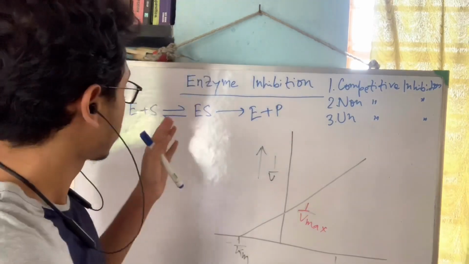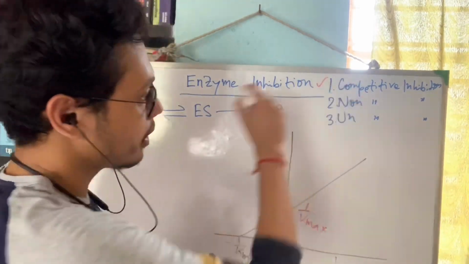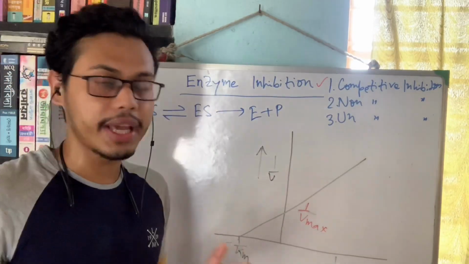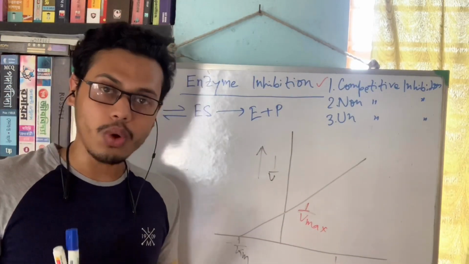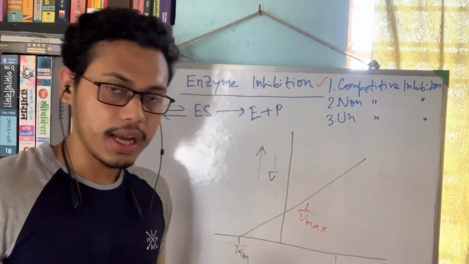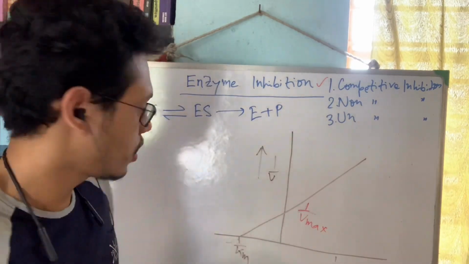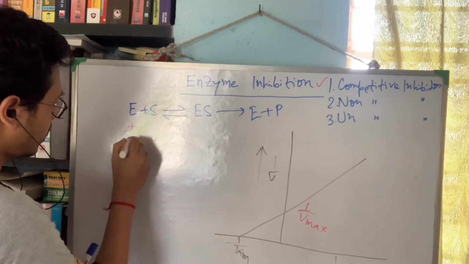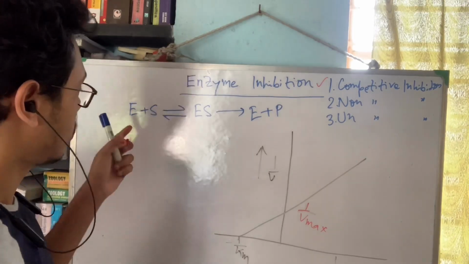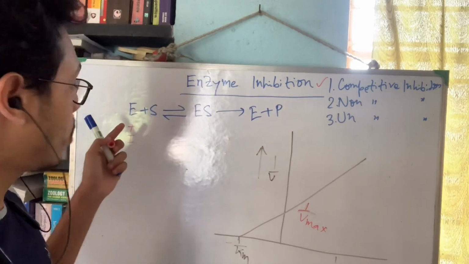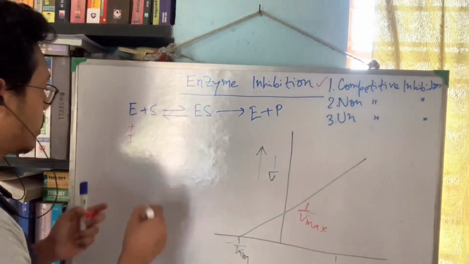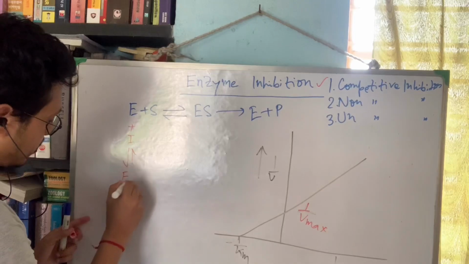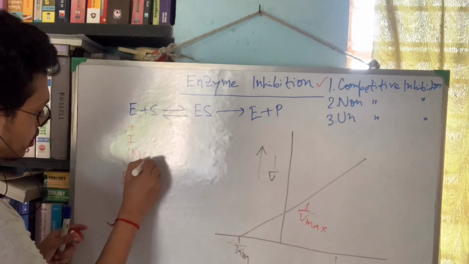Now in case of competitive inhibition, as the name says, there is a competition. The inhibitor always tries to compete with the substrate for the binding site of an enzyme. The inhibitor tries to bind with the enzyme and compete with the substrate, and forms the enzyme-inhibitor complex.